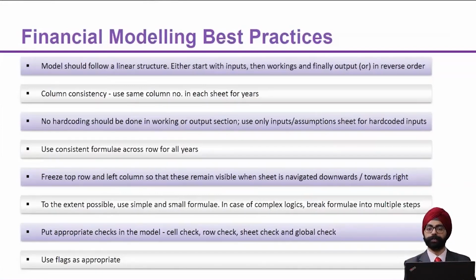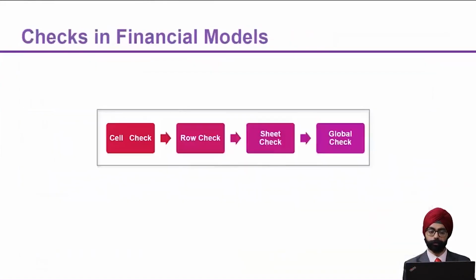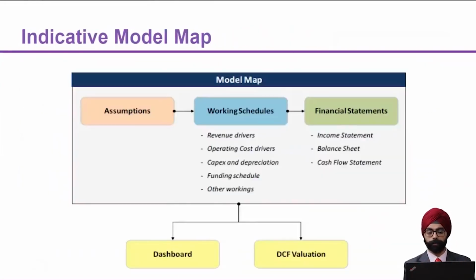So the way it needs to flow is, if I take you back to the model map, here you have the assumptions section. Include the hard-coded inputs only and only in the assumption section and nowhere else.